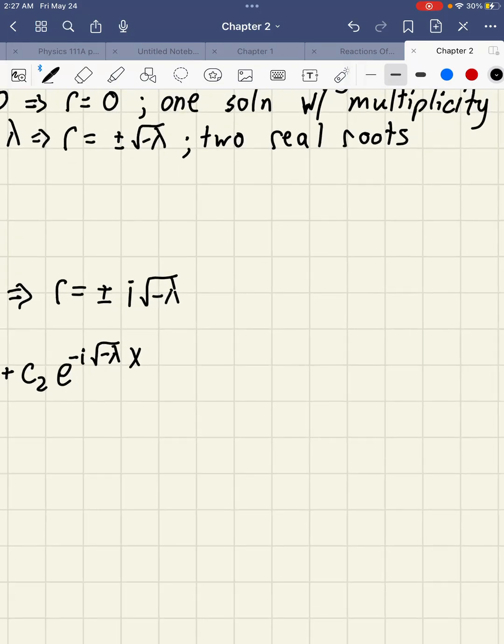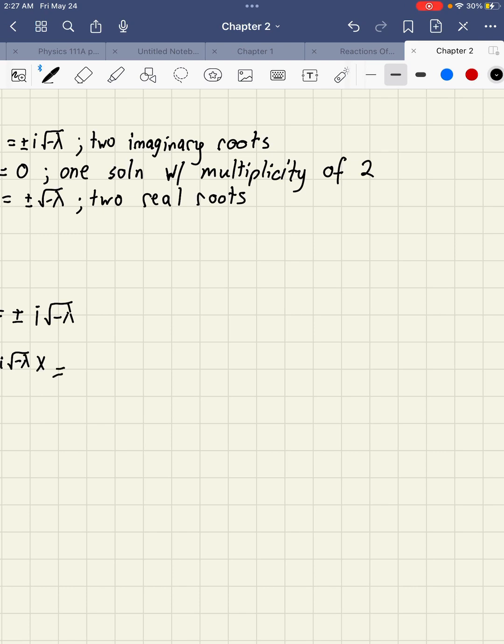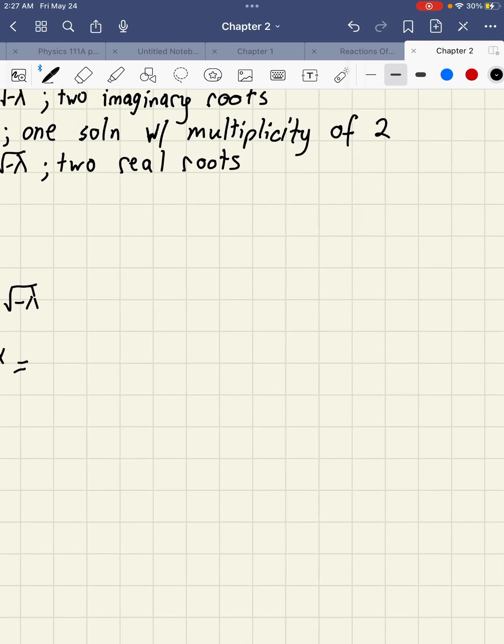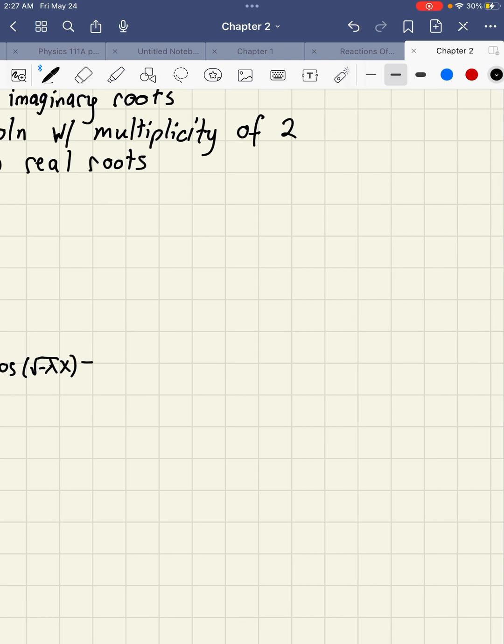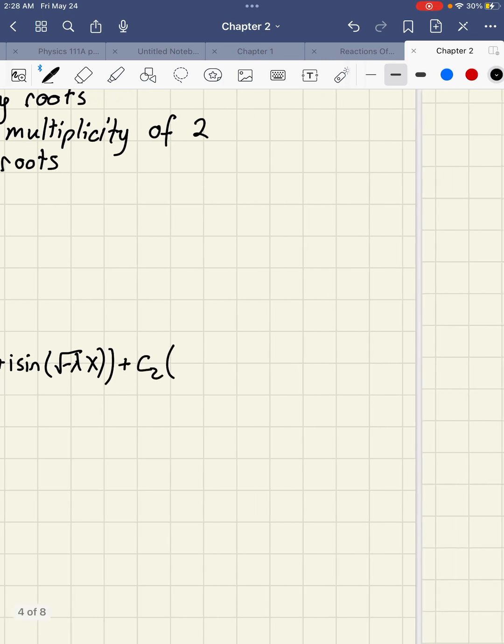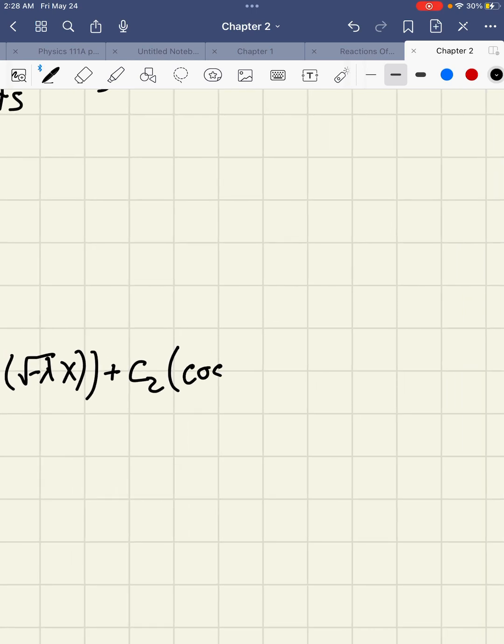I will apply Euler's formula. So I get C1 times cosine of square root lambda x plus i times sine of square root lambda x, plus C2 times cosine of square root lambda x minus i times sine of square root lambda x.